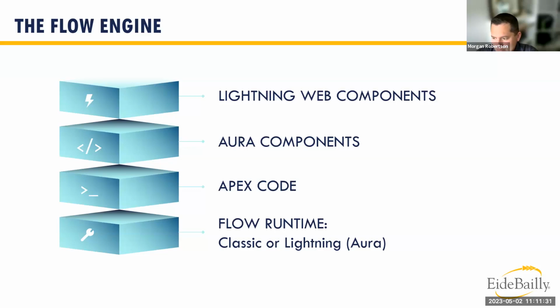So in the flow runtime, we have the classic or the lightning runtime, which is an Aura-based runtime, as the basis of this. We have the ability to layer in Apex code to perform actions. We layer on top of that Aura components if you're in the lightning runtime, in order to host the display within a flow. And then you have Lightning Web components on top of that that can be embedded to give you the full features of the modern development lifecycle.